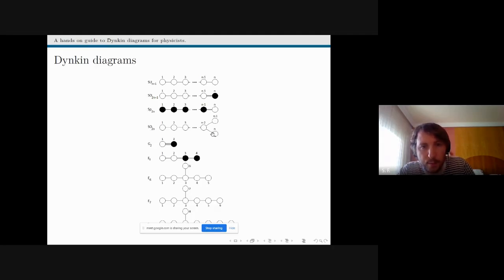It will be this root here and this root here, and none of these other roots. So you'll end up with two roots that are disconnected from one another, right? And so indeed, SO4 is isomorphic to SU2 cross SU2. That's indeed correct, and you can read that off these Dynkin diagrams, in fact.